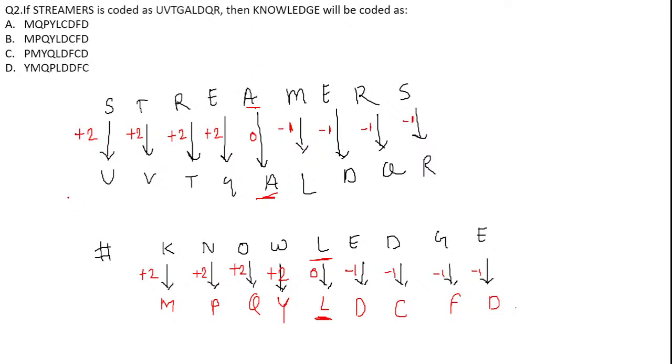Now we have to find the answer matching our solution. The first option is A, M, Q, P, Y, L, C, D, F, D, and the second is M, P, Q, Y, L, D, C, F, D. So we can see our B option is the correct one.